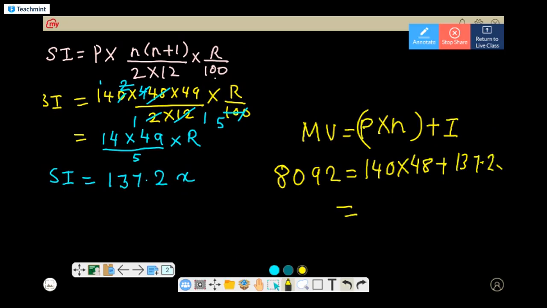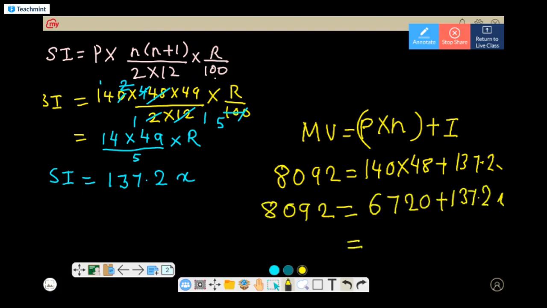Now 140 into 48, first we have to calculate that. You will get something as 6720 plus 137.2x, and this is a number on the left side, 8092. Now transpose and get the value of x.